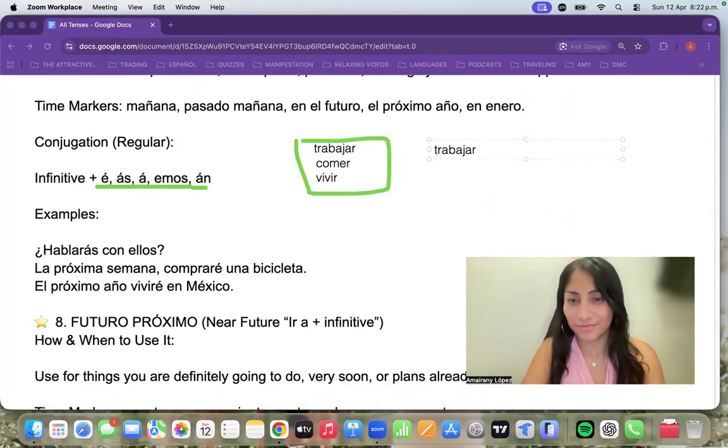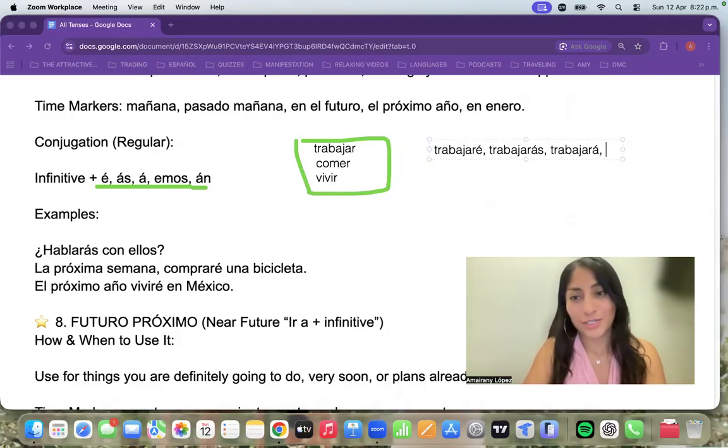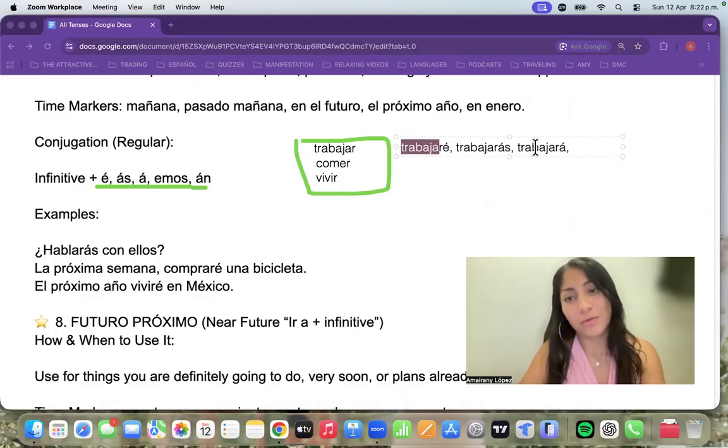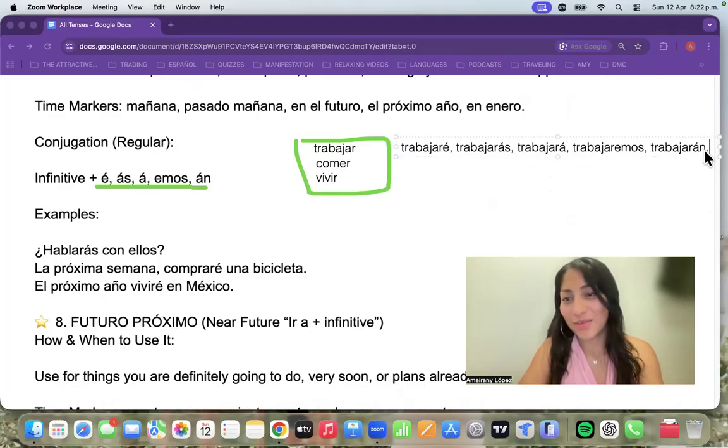So, trabajar, to work, but trabajaré, I will work. Trabajarás, you will work. Trabajará, he or she will work. Then trabajaremos, we will work, and trabajarán, they will work. Okay, so this is how that works.